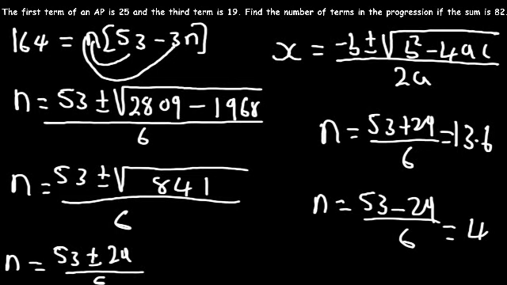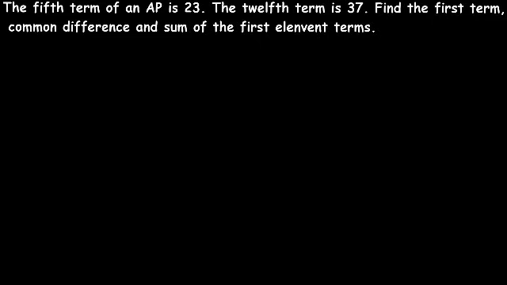Okay, let's try to solve more problems. The fifth term of an AP is 23. The 12th term is 37. Find the first term, the common difference, and the sum of the first 11 terms. Let's figure out how the quantities are given to us.